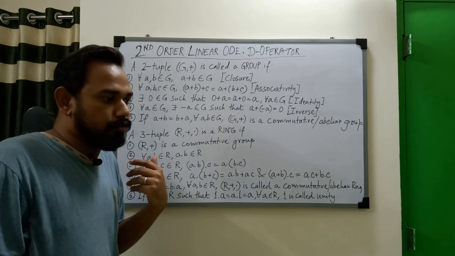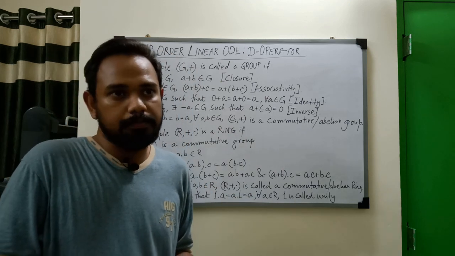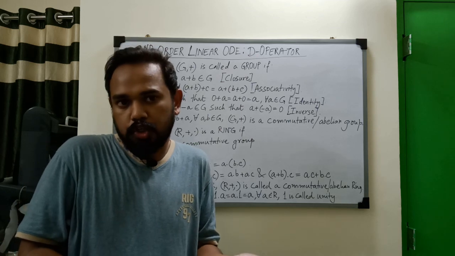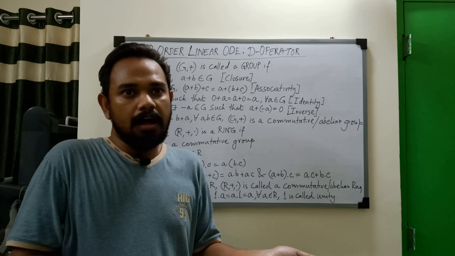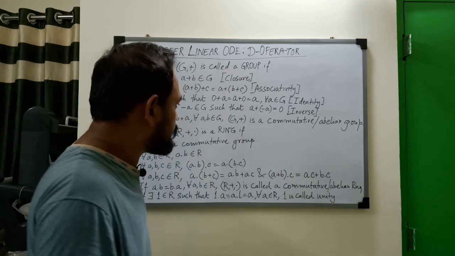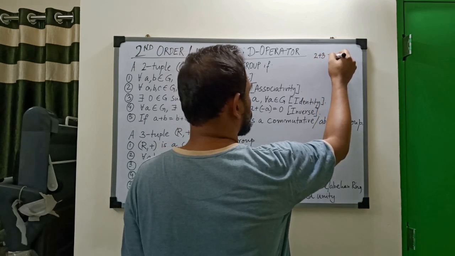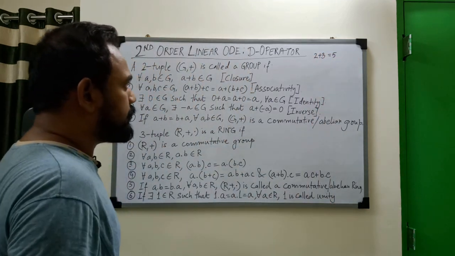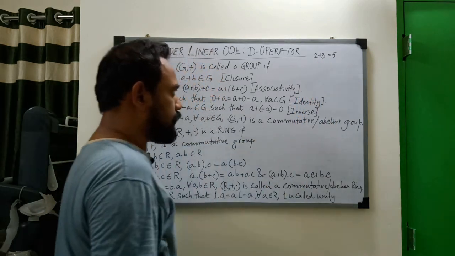For example, ordinary addition, the addition of real numbers, is an operation between two numbers. For example, 2 plus 3 would be 5. But this plus is the addition on real numbers 2 and 3.